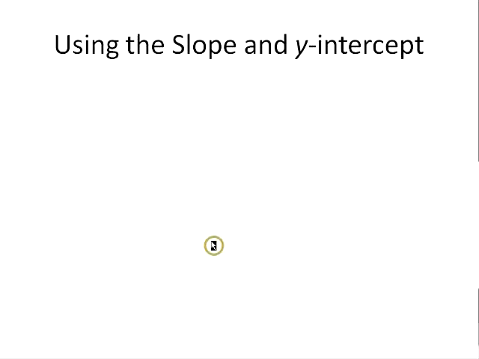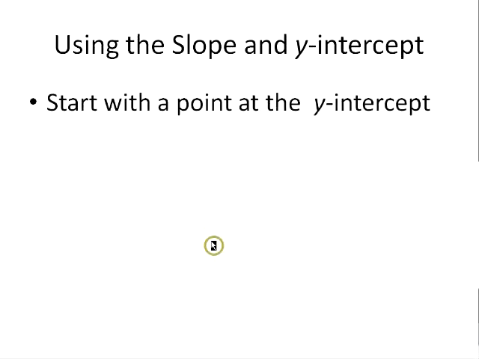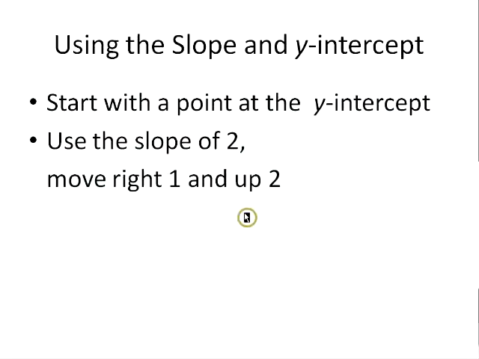But there's another method that we can use to graph lines, and this is using the slope and the y-intercept. We can start with a point at the y-intercept, and if the equation of the line is in the slope-intercept form, this is very nice to use. In the example that we had before, we had f(x) = 2x - 3.